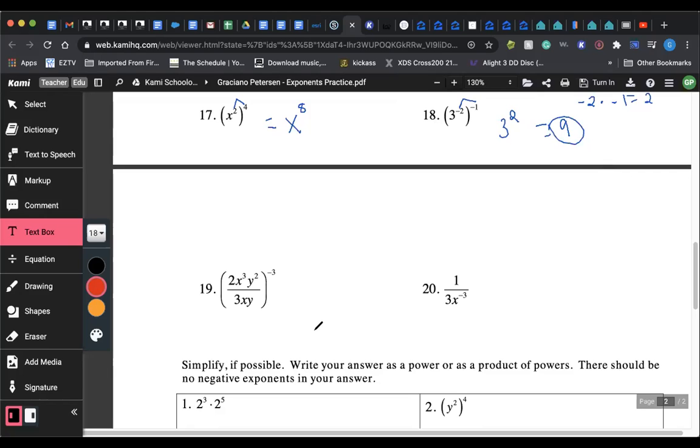All right. Now we got this tough one here in number 19. If we had the answer for just 3 squared, it would not have been wrong.